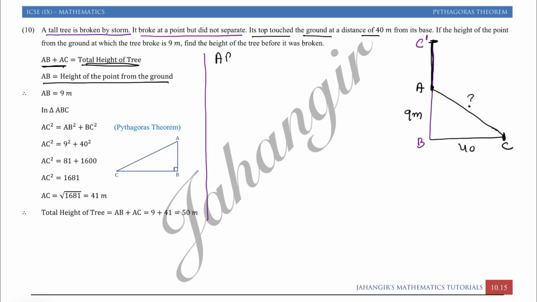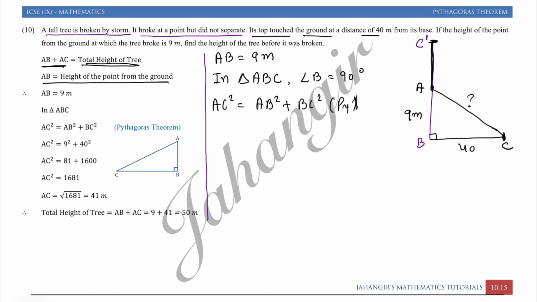So AB is equal to 9 meter. We can say in triangle ABC, angle B is 90 degree. So therefore AC square is equal to AB square plus BC square, Pythagoras theorem.